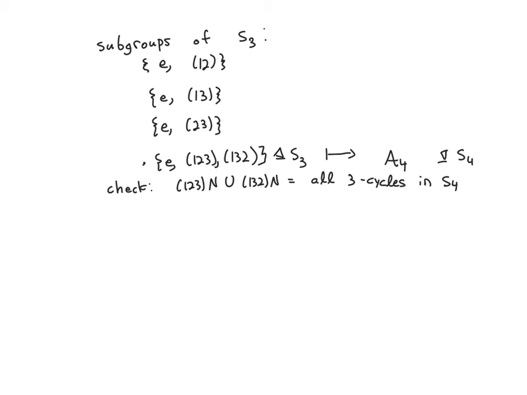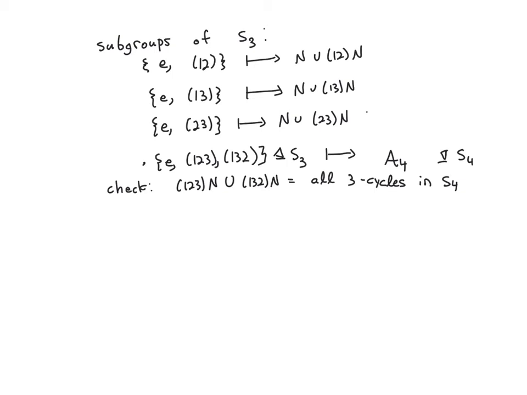Now what about these other examples? Well then what you get is that N union (2 3)N is a subgroup of S4. Similarly, N union (1 3)N. And N union (1 2)N.